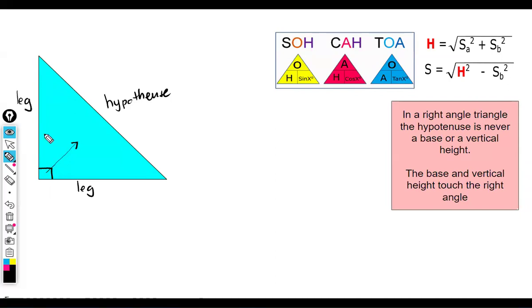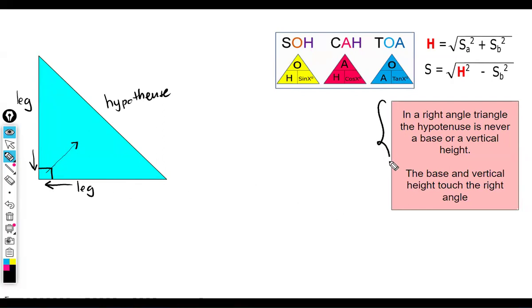So a right angle triangle has two legs, and both legs always touch the right angle. And the one who is opposite the right angle is always the hypotenuse. Never ever assume the hypotenuse is a base or vertical height. Only legs could be a base or vertical height, right?